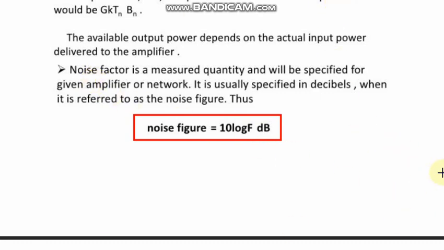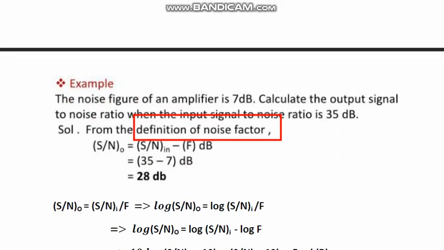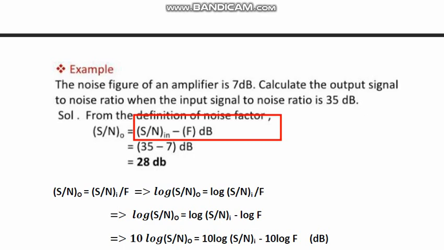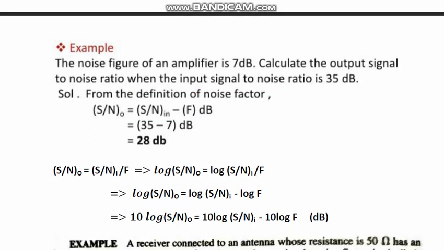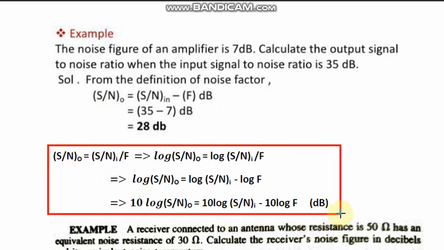Now we have to move with the derivations and examples also. I am showing you here two examples that I think you should note down in your copy and solve.